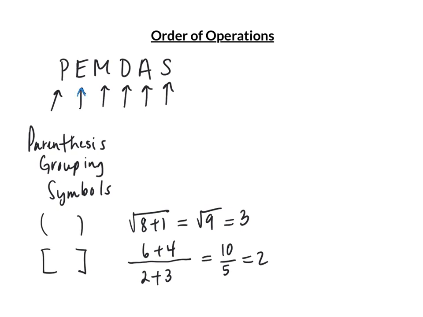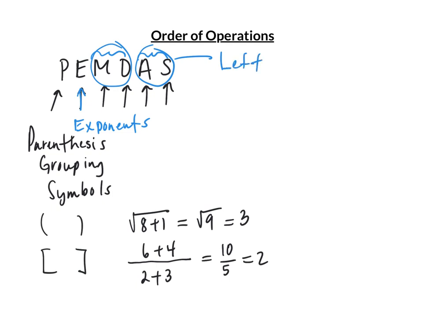E is for exponents. The common error with multiply and divide and add and subtract is that you must understand that these operations have to be done left to right.